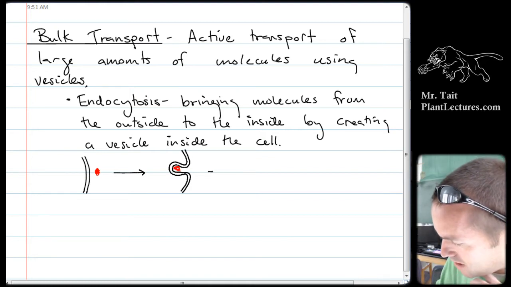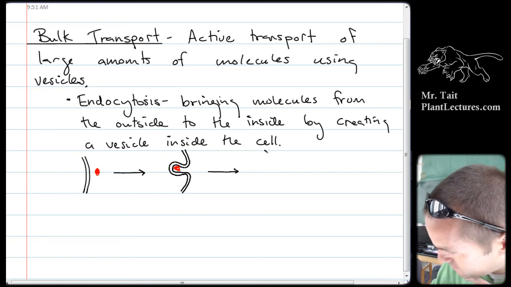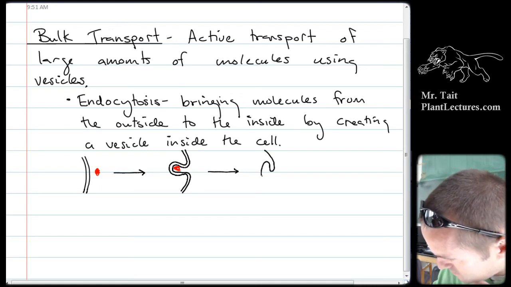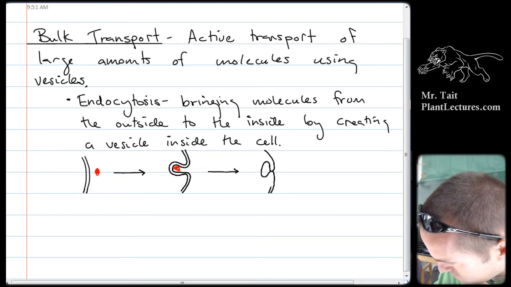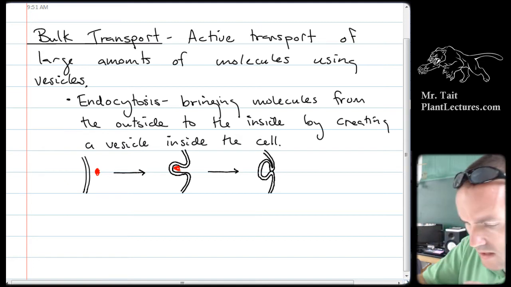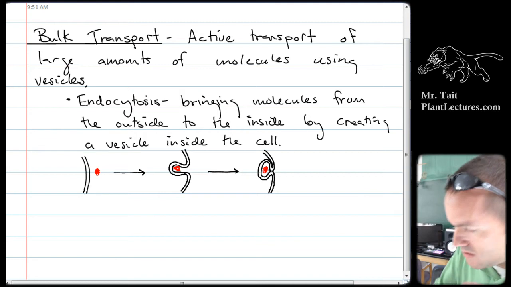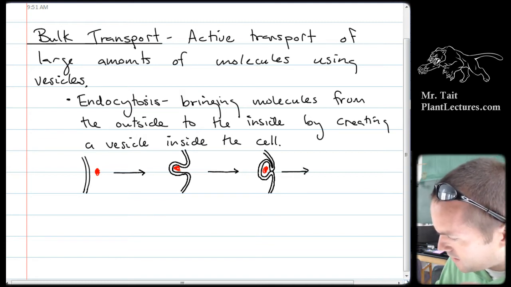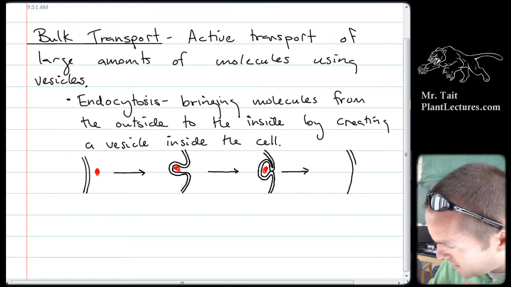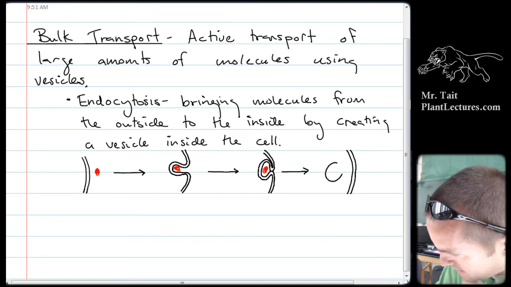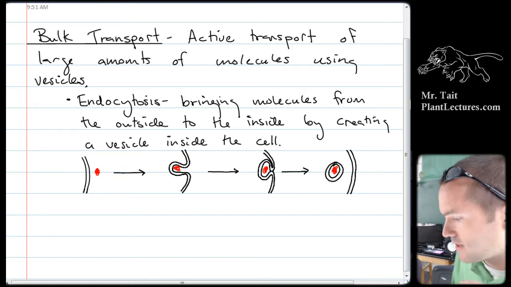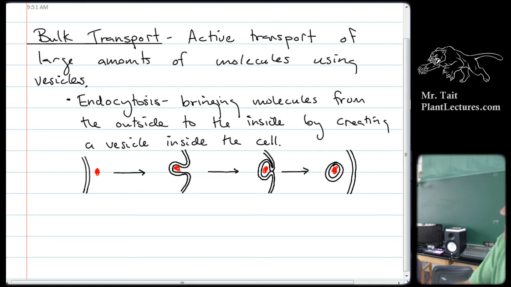Okay, then it seals off, holding that protein on the inside. And then the final step is you've got a phospholipid bilayer, you've got a vesicle inside the cell that contains whatever thing on the outside it wanted to take in. Okay? It's the basic gist of endocytosis.